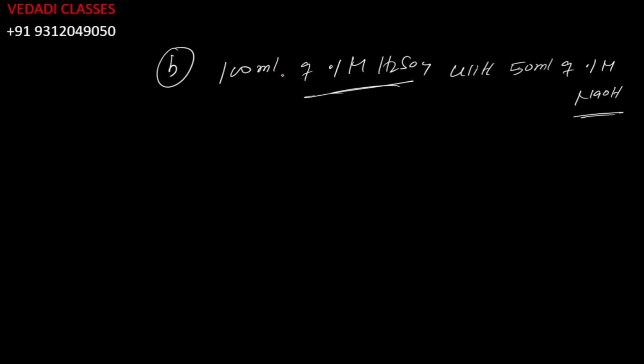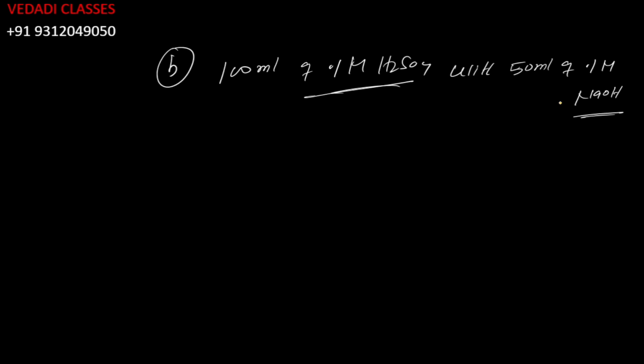Now just move towards the second question. This is the last question I'm explaining. The question is 100 ml of 0.1 M H2SO4 with 50 ml of 0.1 M NaOH.